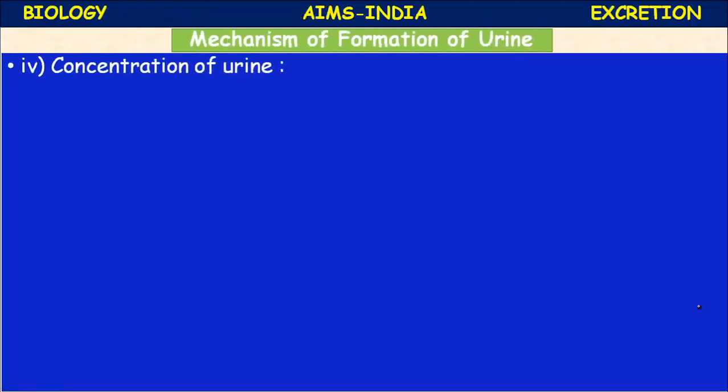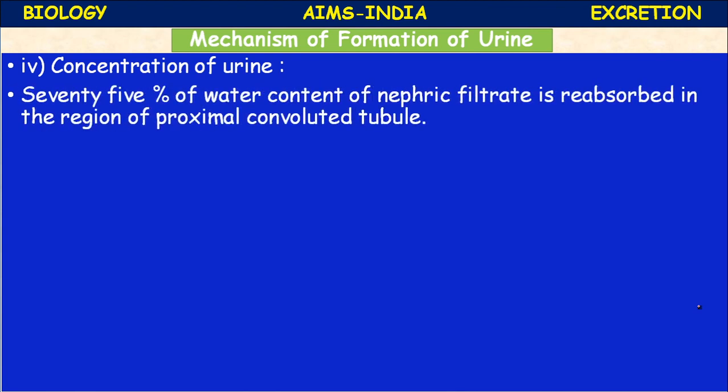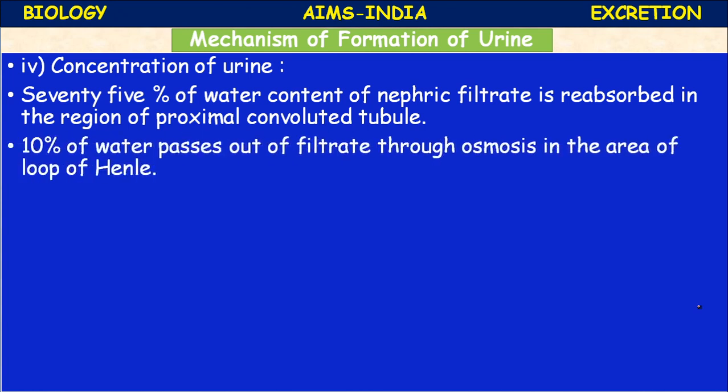Next step, the concentration of urine. 75% of the water content of the nephric filtrate is reabsorbed in the region of the proximal convoluted tubule, which we already came across. 10% of water passes out of the filtrate through osmosis in the area of the loop of Henle.